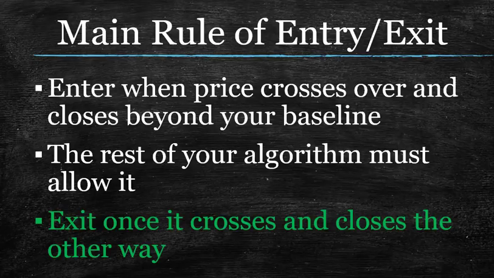Now, the good thing about this is once you do that, it's often going to get you out before a trailing stop will and before your exit indicator will even have a chance to move. And you can really, over time, mitigate a lot of losses and minimize a lot of losses this way.